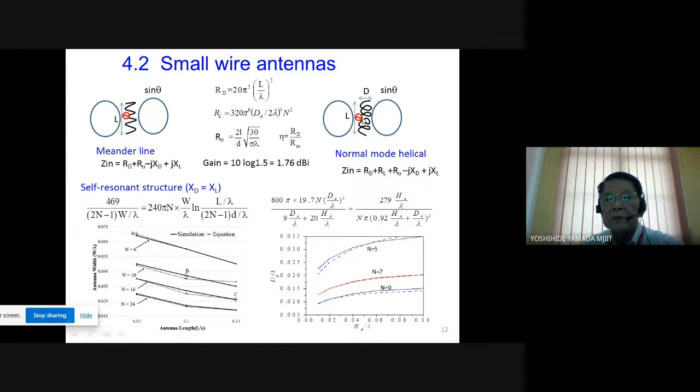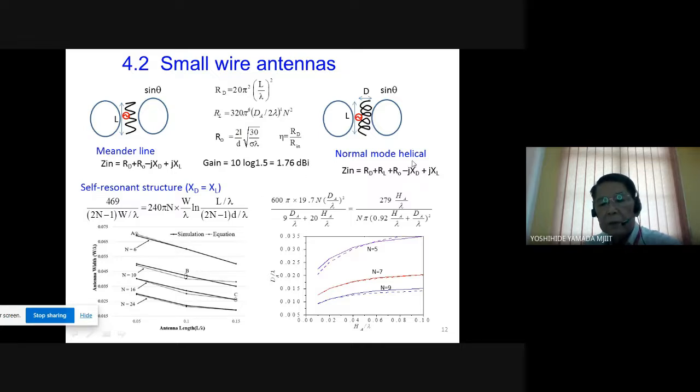This is a looping structure. H is the height, and D is the diameter. I made a mistake. This H is a horizontal line. The inclination of the curve is different from the meander line antenna.